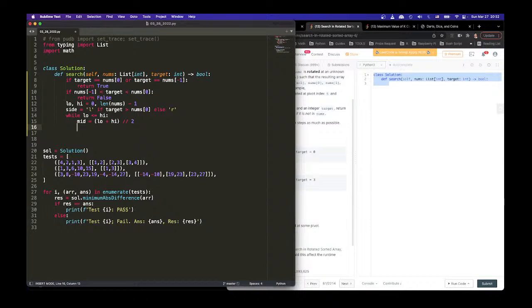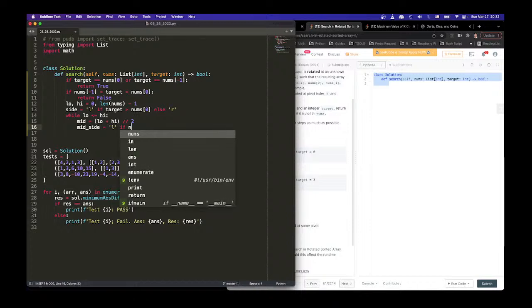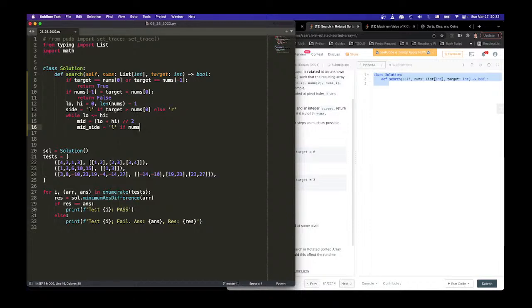we say, mid side will equal to left if nums mid is larger than, actually larger or equal to, nums 0, else right.